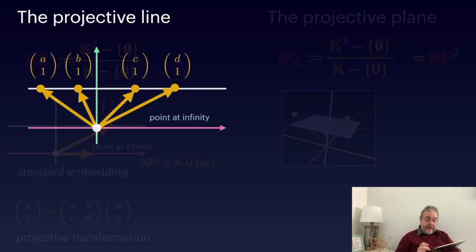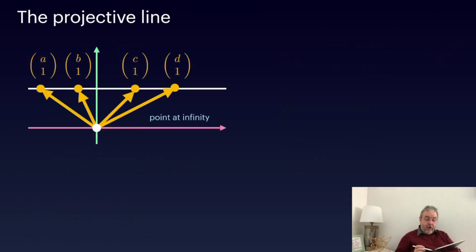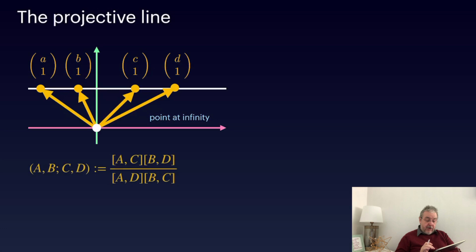Now with that, we can take 4 points and calculate the cross ratio of them. Say you have 4 points, A, B, C, and D, and we can define the cross ratio of them simply by a corresponding ratio of 2x2 determinants.